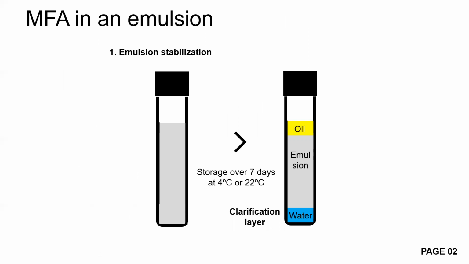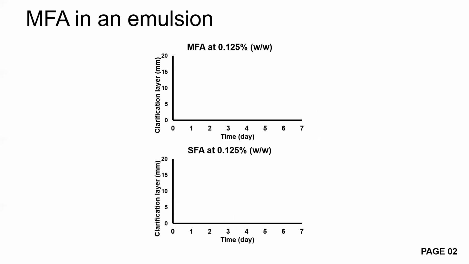Firstly, I prepared 20% oil in water emulsion containing compound, and the increasing clarification layer was tracked over storage to evaluate emulsion stability. Here, I used one standard that a stable emulsion has less than 1 millimeter of clarification layer per day.